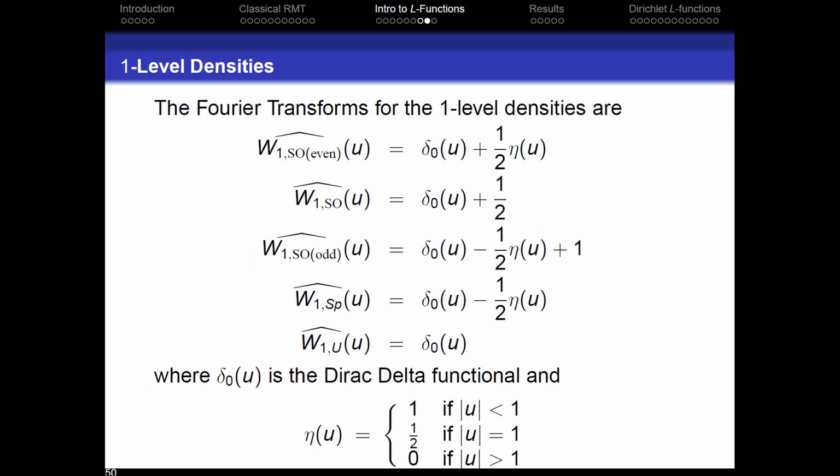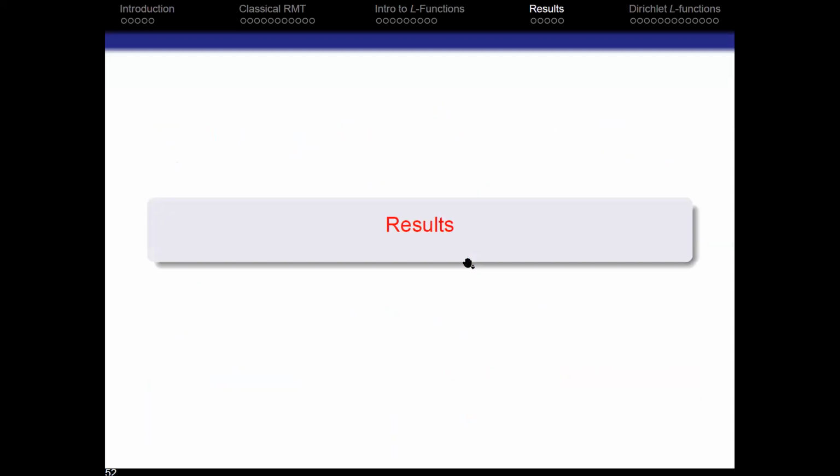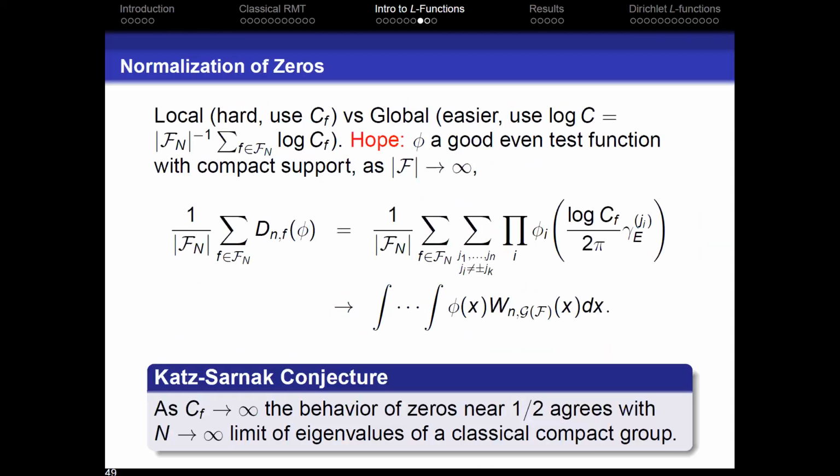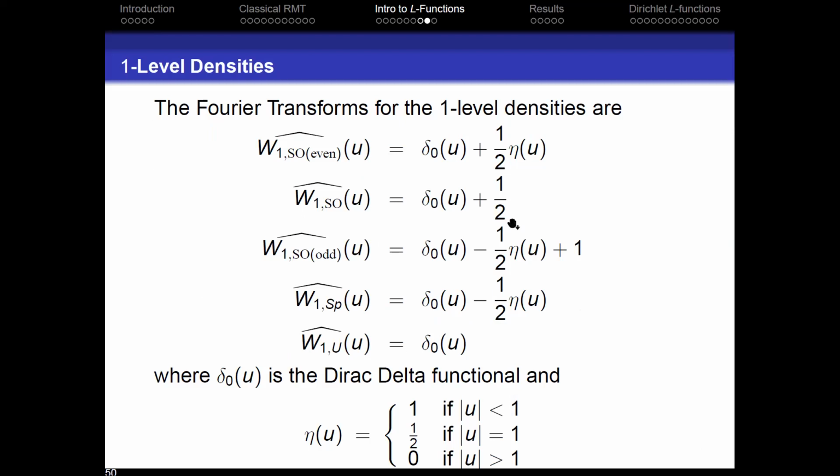So for functions whose Fourier transform lives in (-1, 1), these three all look the same. And the reason is eta is equal to 1 if the absolute value of u is less than 1. So this would be -1/2 plus 1 is 1/2, 1/2, and again 1/2. So you can't distinguish between the three orthogonals if the support is small, but you can tell the difference between orthogonal and symplectic and unitary.